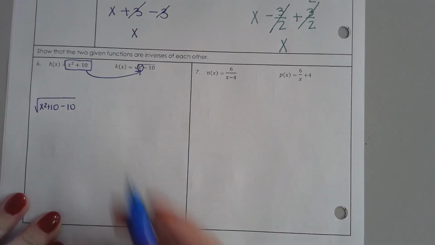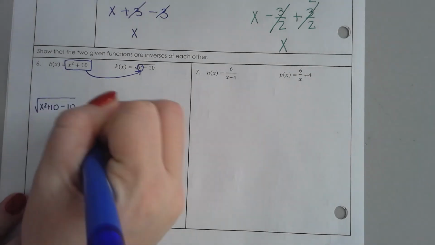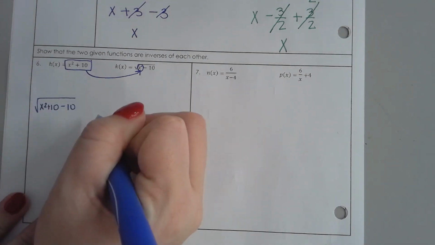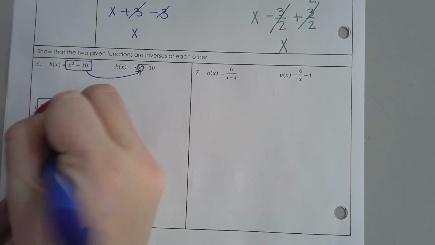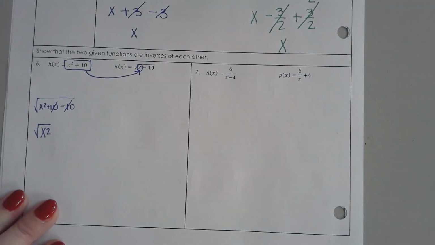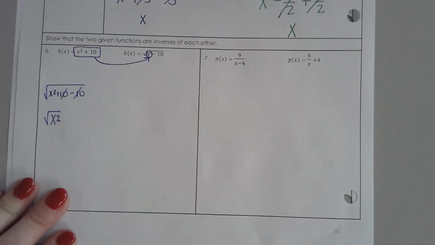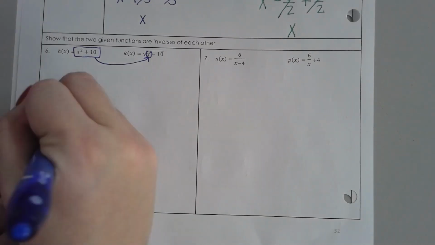And minus 10 do what? Cancel. So it's really the square root of x squared. What is the square root of x squared? x. Good.